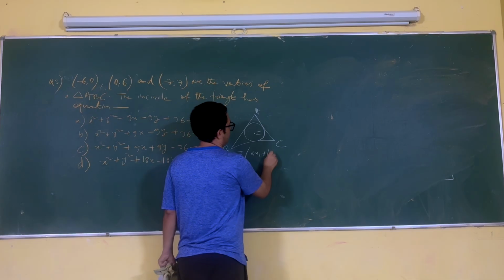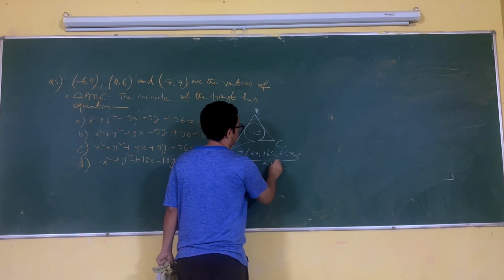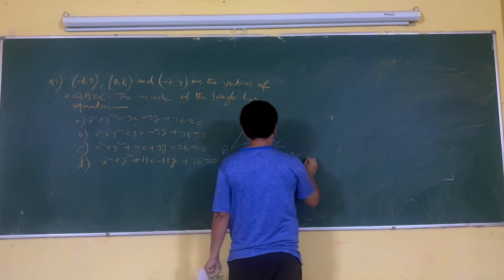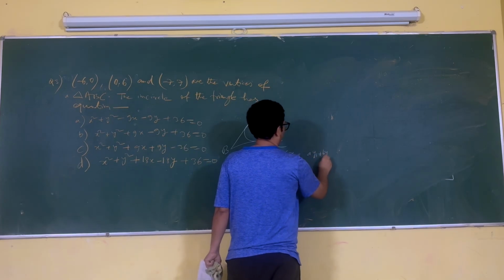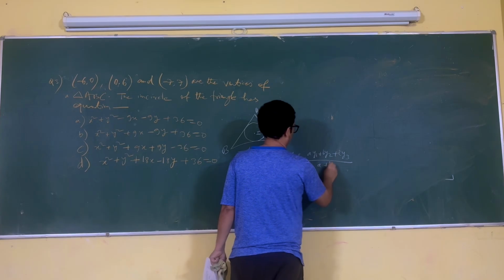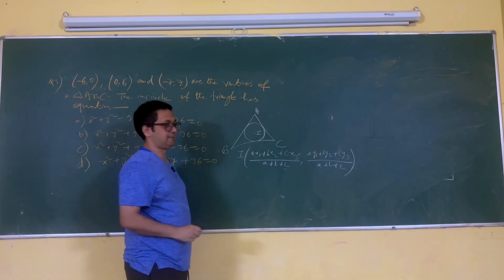So coordinates of I is (ax1 plus bx2 plus cx3) upon (a plus b plus c), and (ay1 plus by2 plus cy3) upon (a plus b plus c), where small a, small b and small c are the sides.